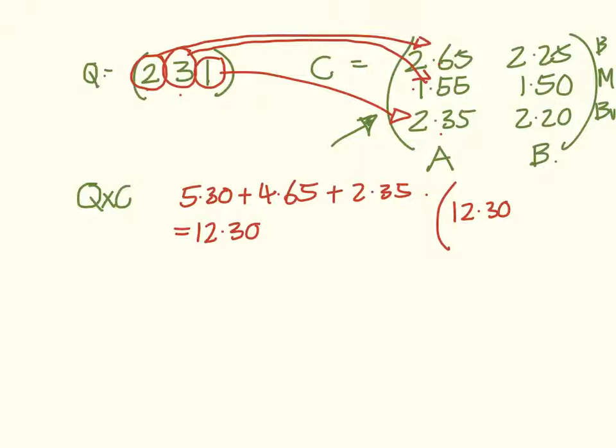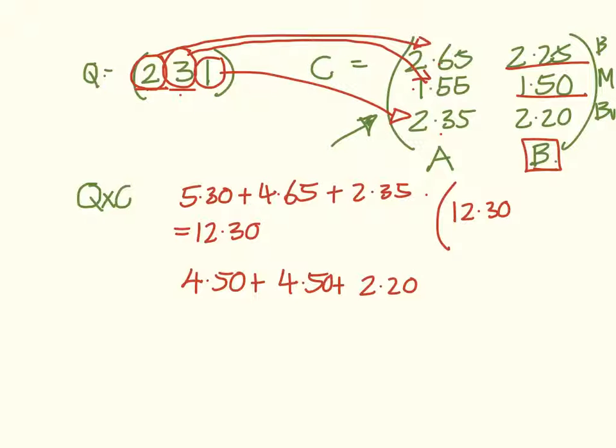12.30. So we put that into the matrix, 12.30, and then to find how this relates to shop B, we go 2 times 2.25, which is $4.50. We add that on to 3 times $1.50, which is also $4.50. And then we have got 1 times $2.20, and that comes to the grand total of $11.20.